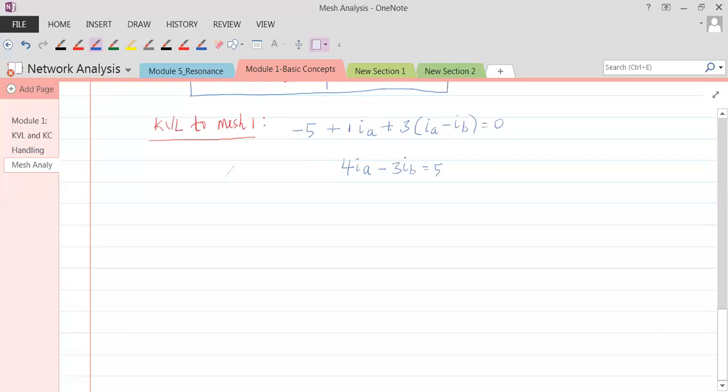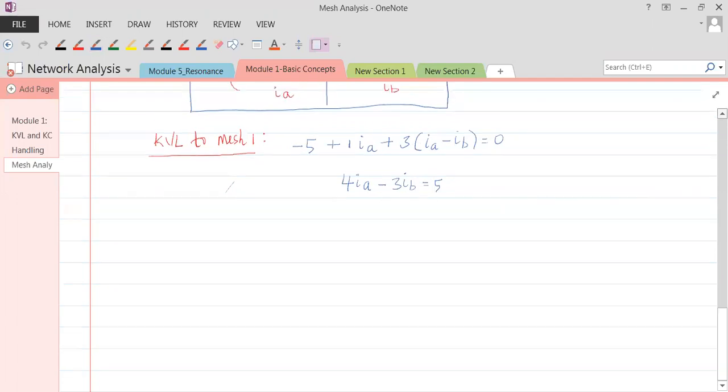Fine. So after writing the KVL, I'm grouping the currents and I'm grouping the voltages in terms of currents like this. How many IAs are there? This is 1 IA, this is 3 IA. So you have 4 IA. And you have 3 IB here and minus. So it's minus 3 IB is equal to 5. And watch this equation.